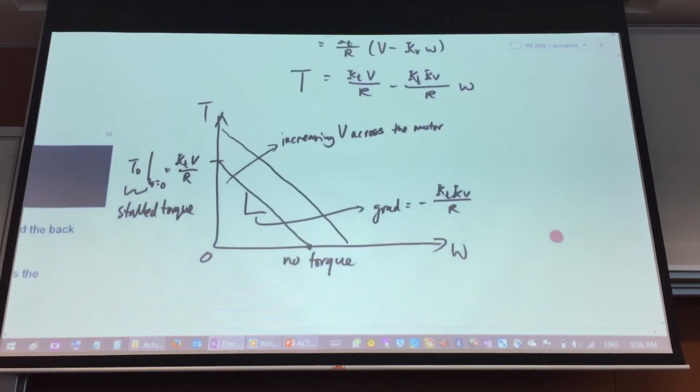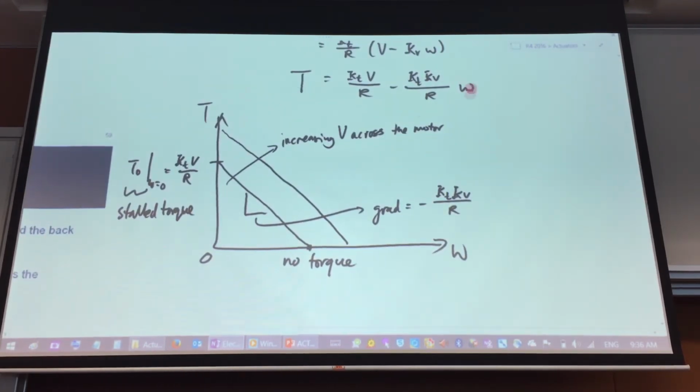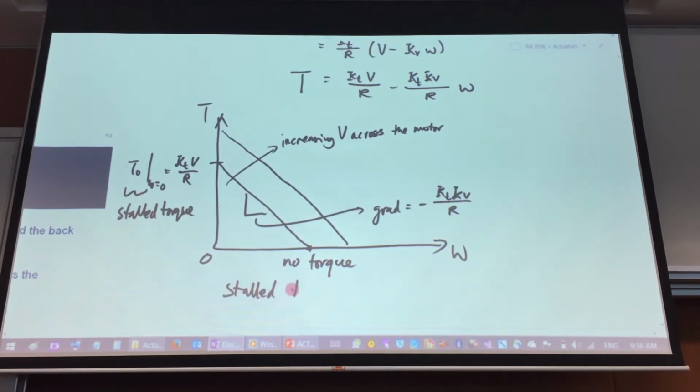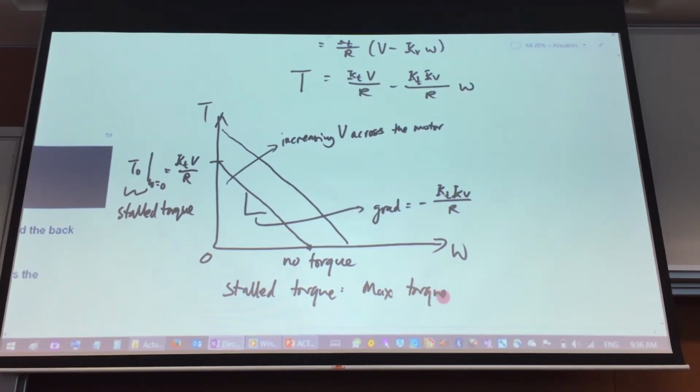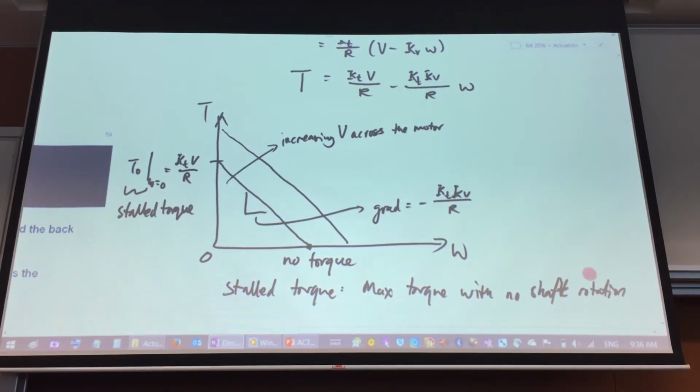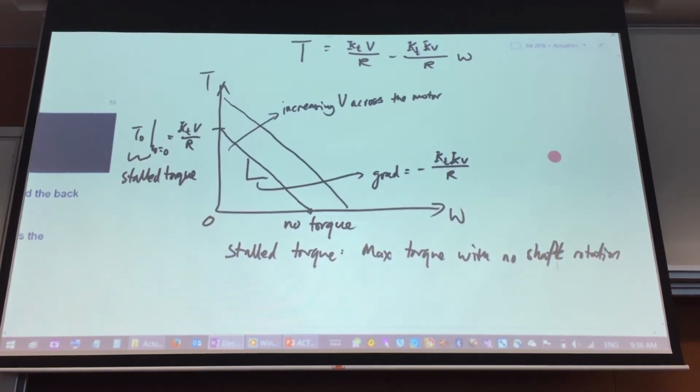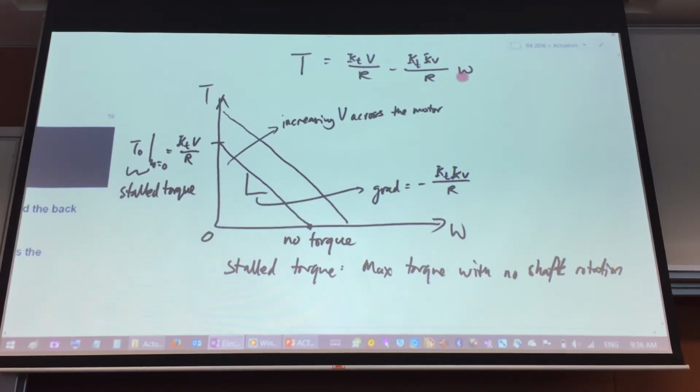Mathematically, how do we see it? Since we have the equation of that straight line, let's look at the condition where we were talking about stall torque, where we have the maximum amount of torque with no shaft rotation. When there's no shaft rotation, this term here is going to be gone.